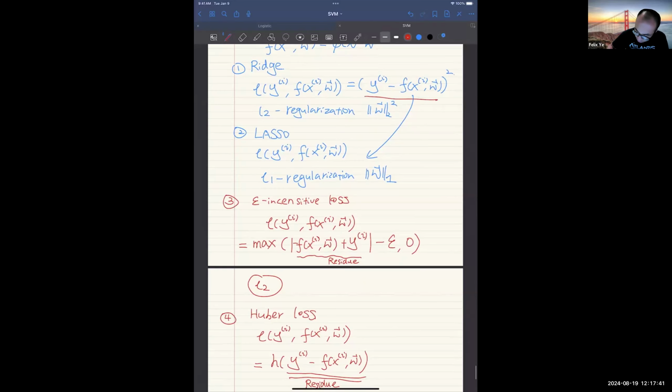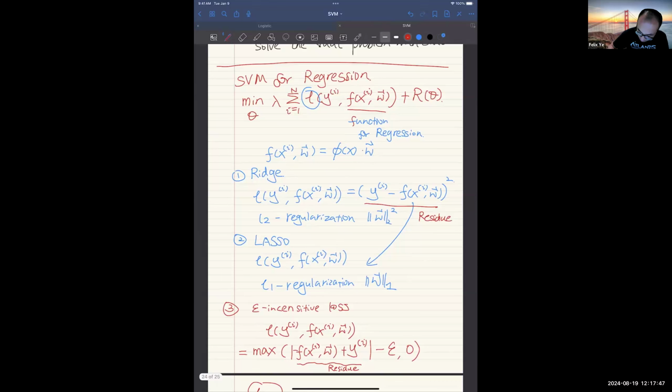So in regression, what you should put here is the residue, which is y_i subtract f(x_i, w). Okay, so this is my residue here.